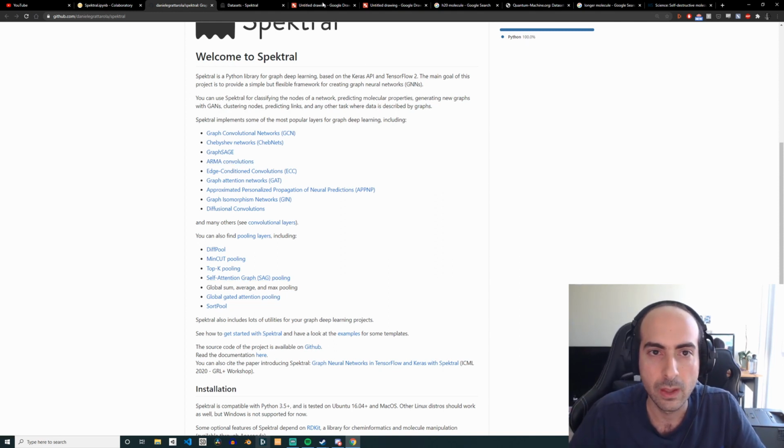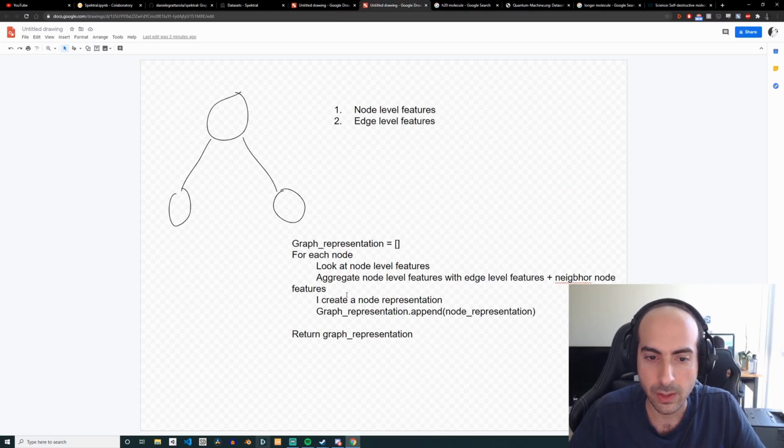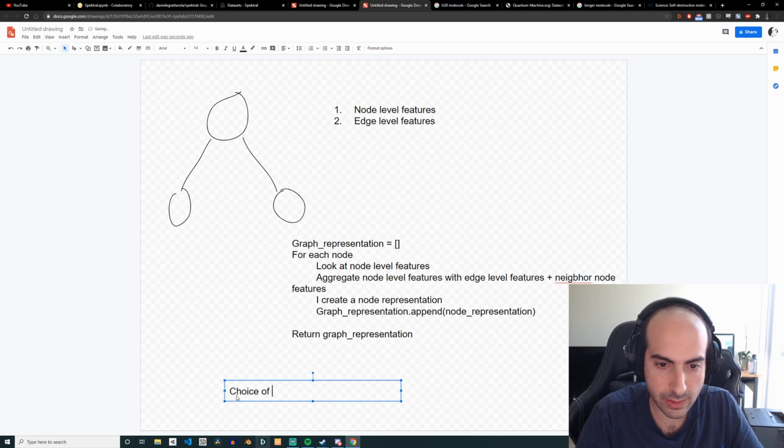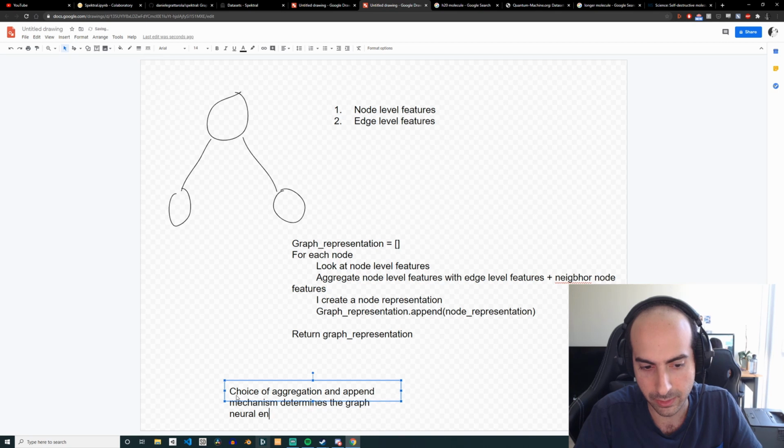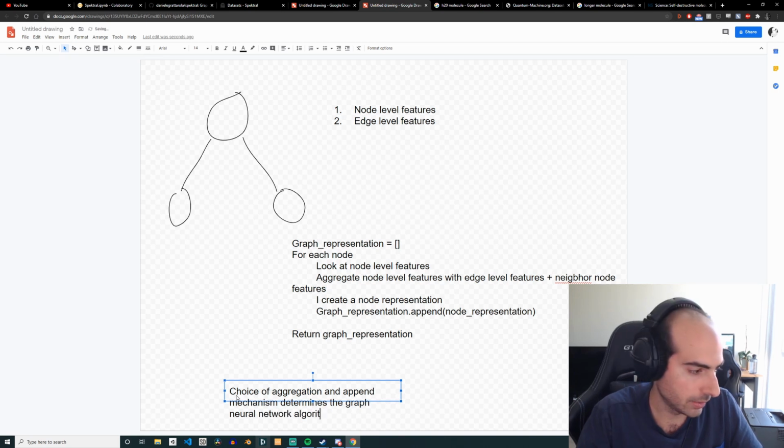So, a summary of what I just described: your choice of aggregation and pooling mechanism determines the graph neural network algorithm you're using.